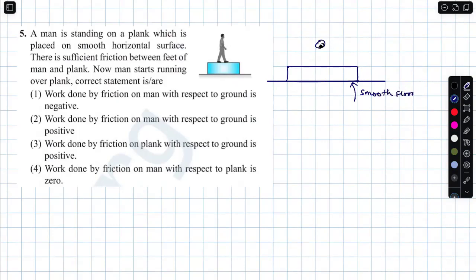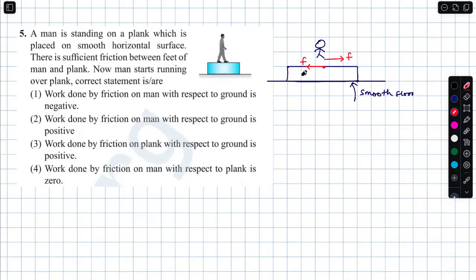See, what makes the man move forward? There should be some friction that acts in the forward direction, and the counter force on the plank is in the backward direction. Now the man starts running over the plank.